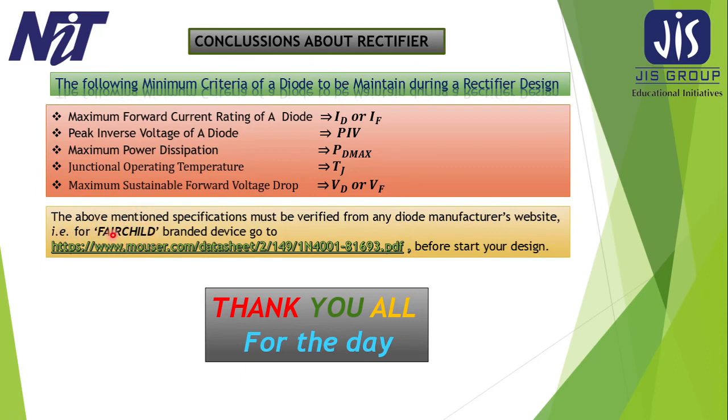For example, suppose you want to make a rectifier with a Fairchild brand diode, then you go to this link and download a PDF where you will get many diodes in the 400 series, that is 1N4001 to 1N4007, and you will get all the important specifications inside this data sheet, and then start your design. So thank you all for the day.